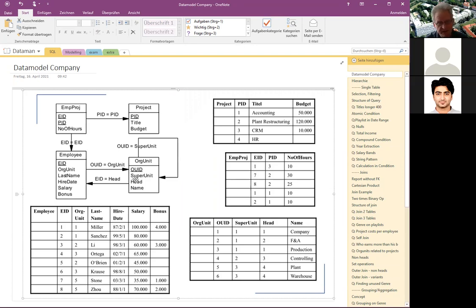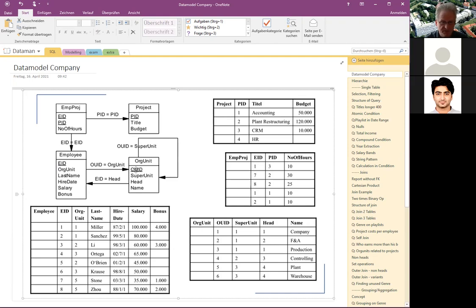So let's first concentrate on the foreign key starting at the employee table, and you see it is called org unit. So this column here, org unit, that you see in the tabular representation, is a foreign key pointing to the OUID of the org unit table.